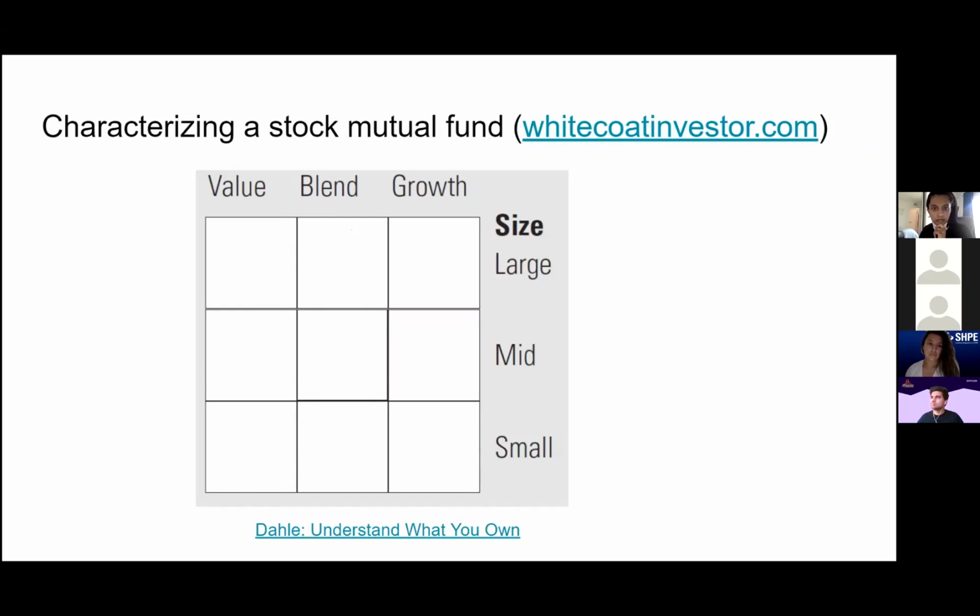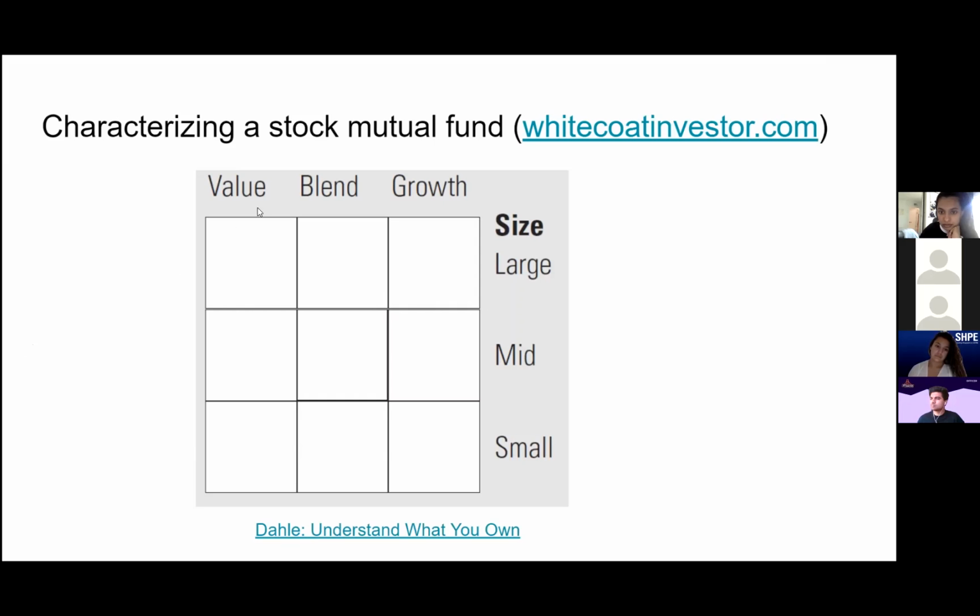How do we characterize these funds? And people will ask, the question that came up earlier is, what funds should I put in my account? And this is going to help answer that question. So we've talked about the two dimensions of a stock fund, which is the style dimension and the size dimension.